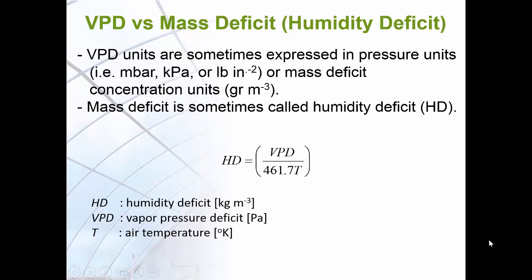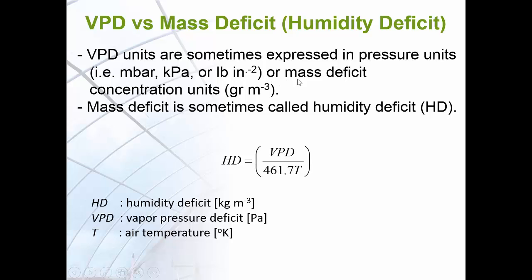The growers usually use different ways of representing vapor pressure deficit. Again, one is in terms of using partial pressures with pressure units for vapor pressure deficit, either in millibars or kilopascal or pounds per square inch.